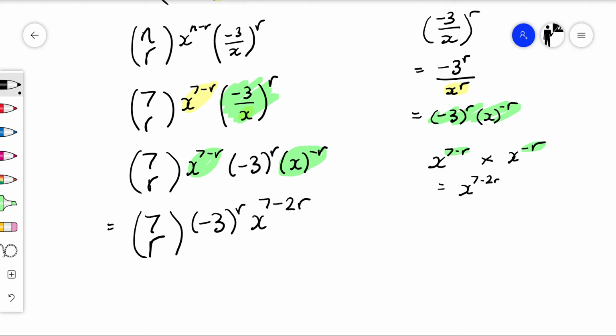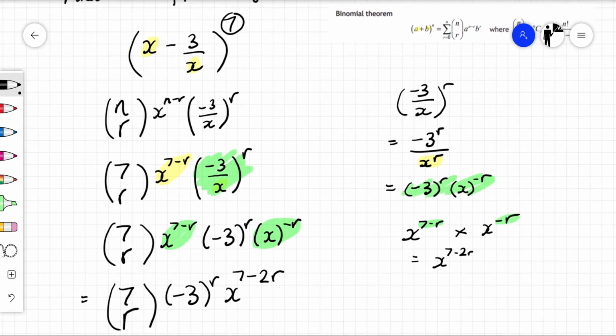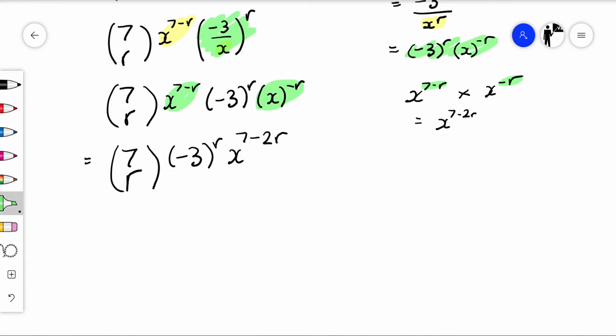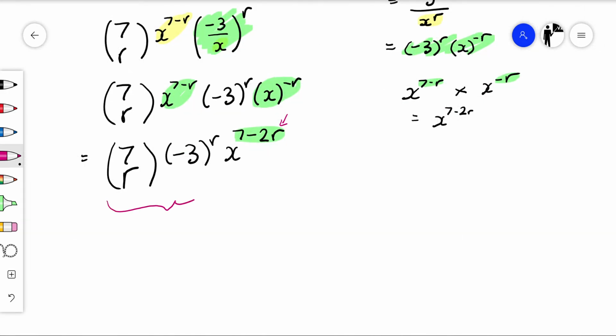Okay, so what we want to do is find the coefficient of x to the power 5. So essentially this needs to be equal to 5. And once we know the value of r that makes that 5, we can then use that value of r in here.